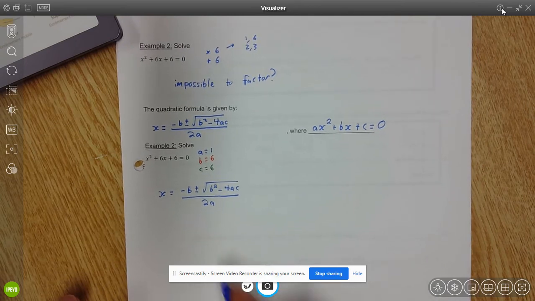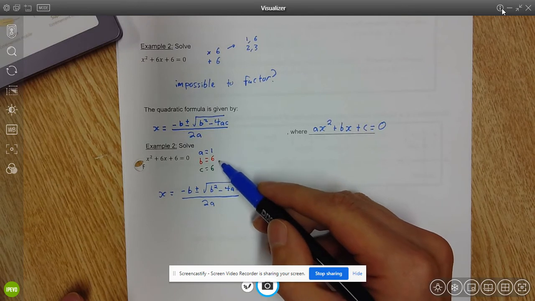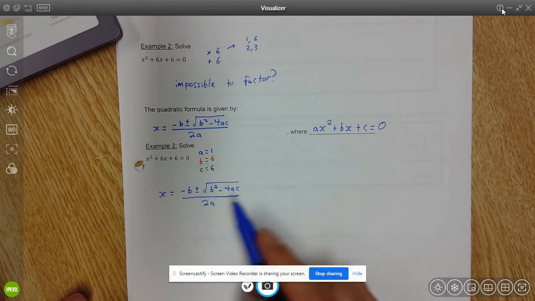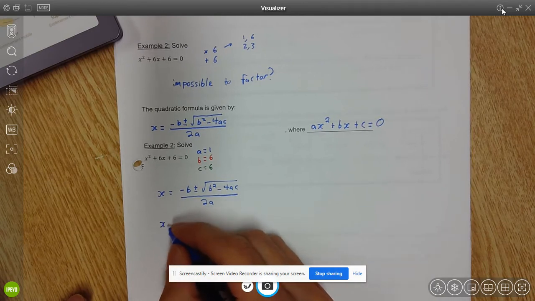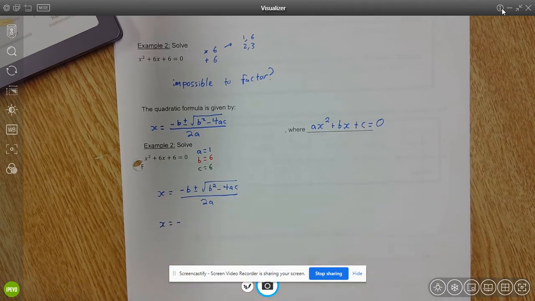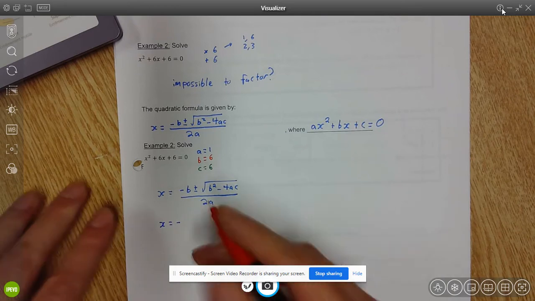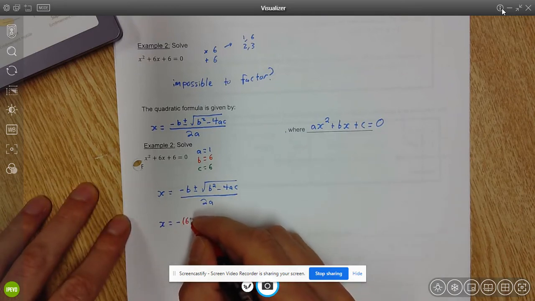What I'm going to do next is plug in my values a, b, and c wherever I see a, b, and c in this long formula. As always, whenever I sub in, it's crucial that I substitute with brackets.